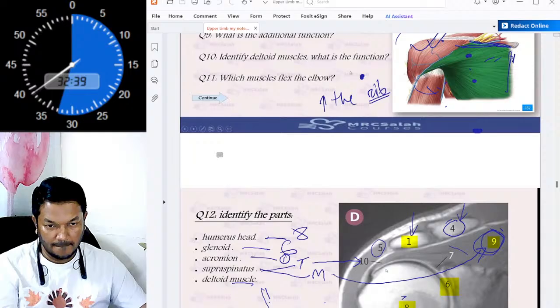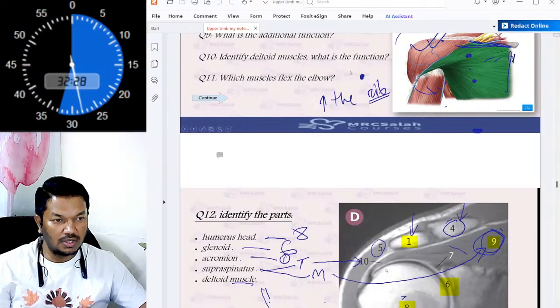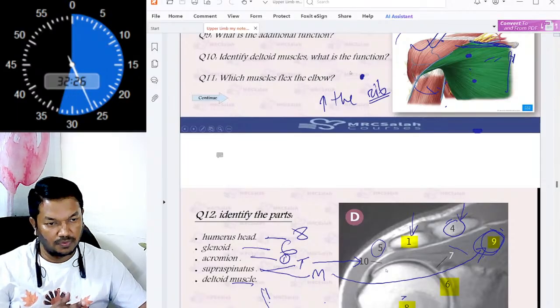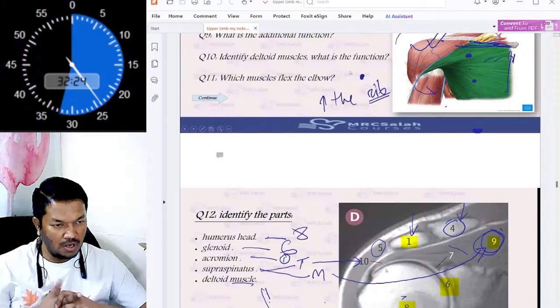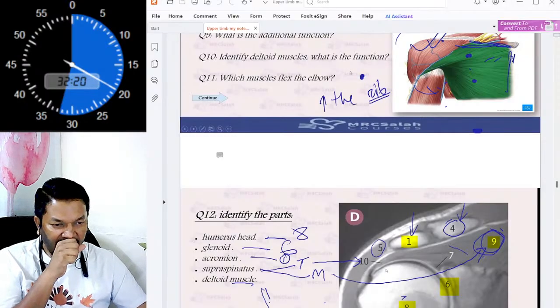Number 5 is the deltoid. It's the glenohumeral joint and the joint between scapula and ribs.